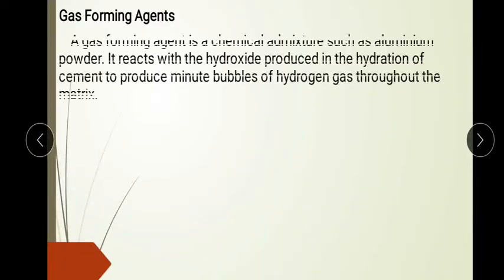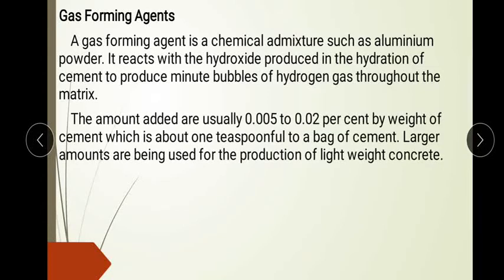So the next one is gas forming agent. Even by using a small amount of gas forming agent, it will react with the hydroxides produced in the hydration of cement and produce minute bubbles of hydrogen gas throughout the mixture.